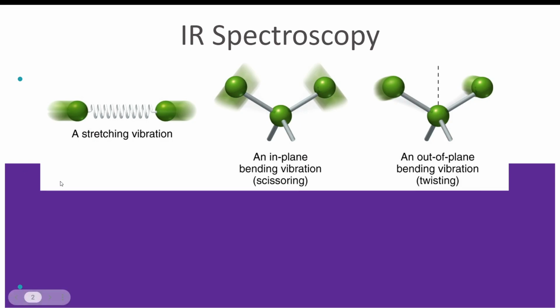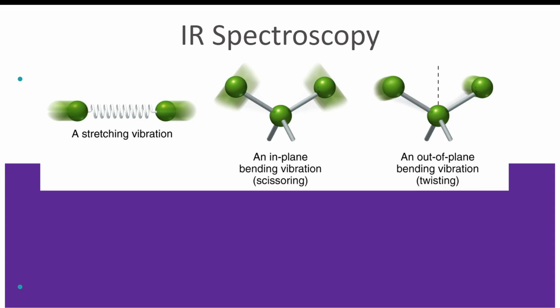They're able to absorb it by stretching, and when I say stretching, I mean that the bonds between those molecules will actually stretch apart just a little bit, and they'll be able to hold on to energy that way. The second way that a molecule absorbs energy is that it can bend just a little bit, and that's going to be called scissoring in the plane.